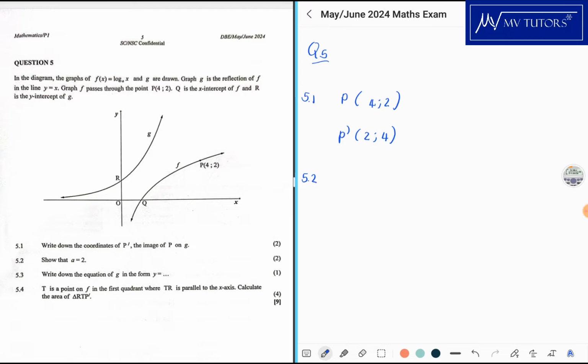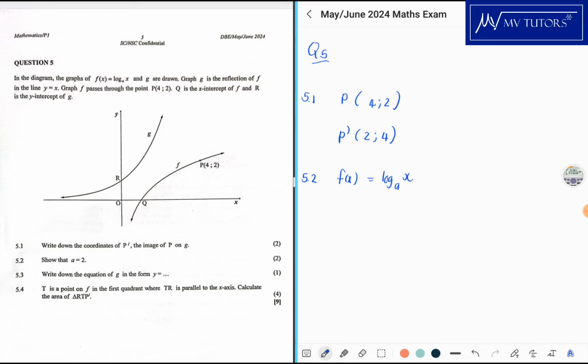Show that a is equal to 2. So in this case, if you're going to show that a is equal to 2, remember our function f of x is equal to log base a of x. Now that's the function of f.